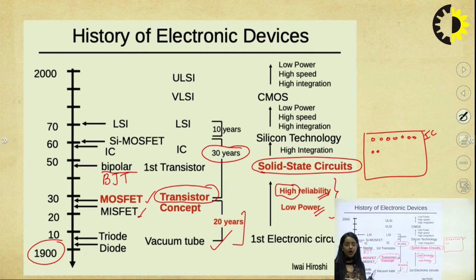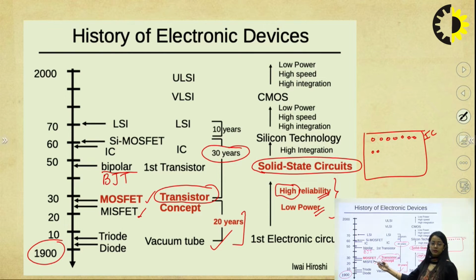Just like we want to add two numbers, we need an adder. Just like we want to multiply two numbers, we need a multiplier. In total it took 30 years to land from the most primitive transistor to the BJT.